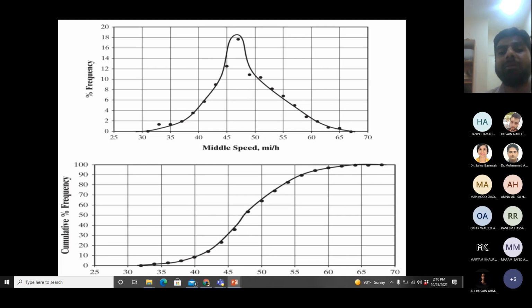Now, why are we making the best fit curve? Why not just join all the points? Because if I try to join all the points, you will never get a meaningful shape of the curve. Then the remaining calculations, which we are about to do, will become much more complicated.